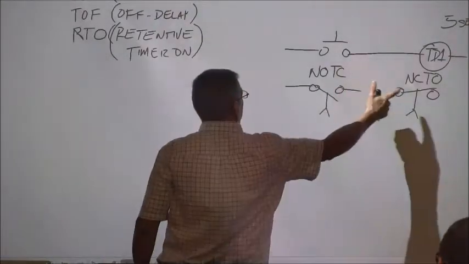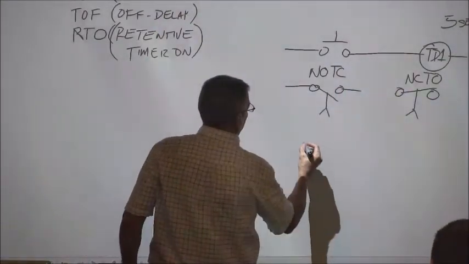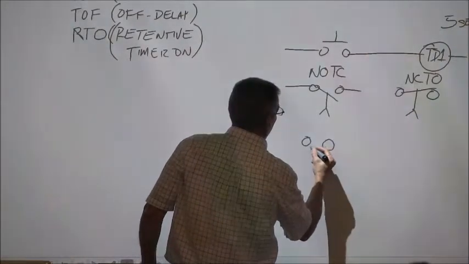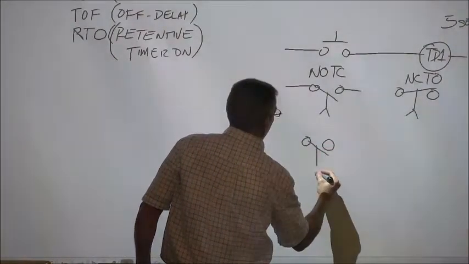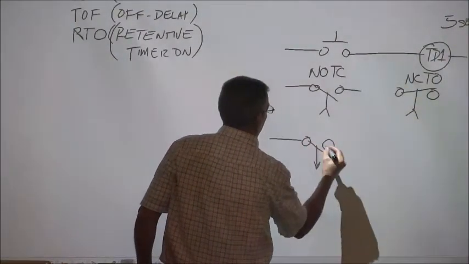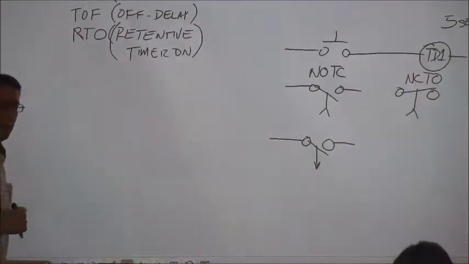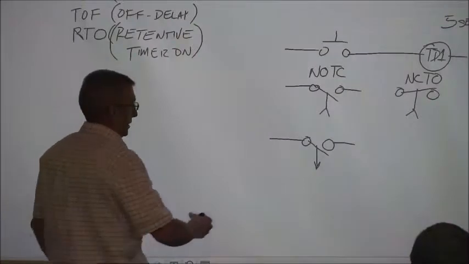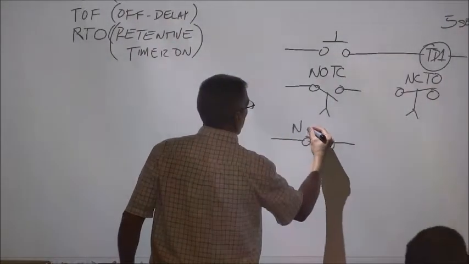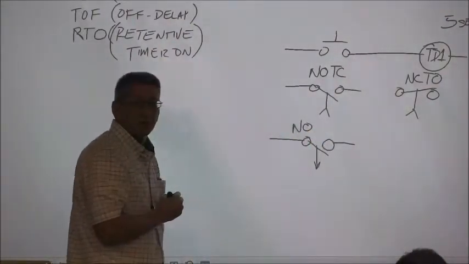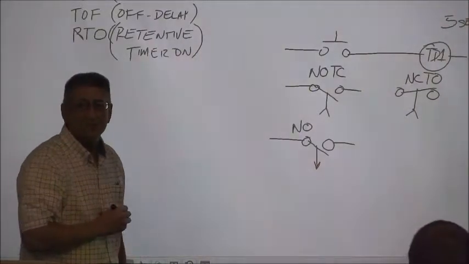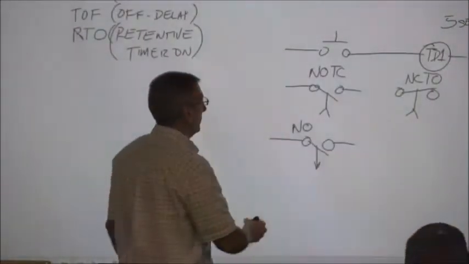So we have on-delay contacts and then off-delay contacts. What's that one? We know it's normally open. Normally open, time open, right?